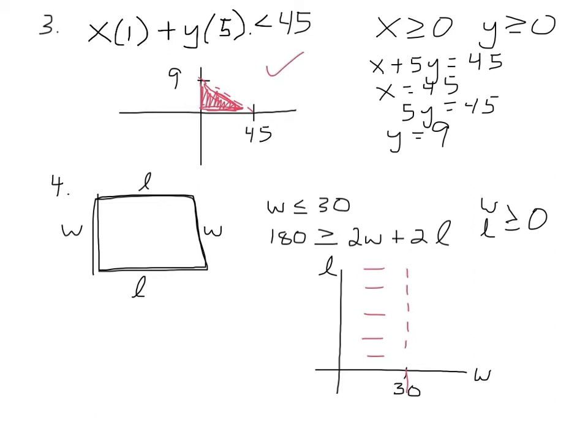The two intercepts are going to be 90 for W, if I plugged in 0 for L, and the same thing, if I plugged in 0 for W, I would get 90 for L. So that is going to look like that. 0, 0, if I plug into this equation here, it is true. So I'm going to shade below. So my final answer is this shape right there.